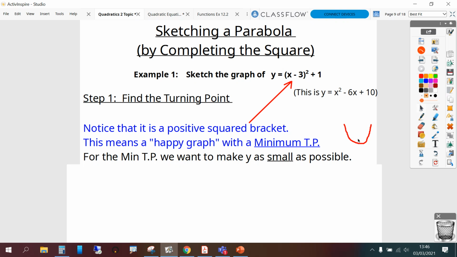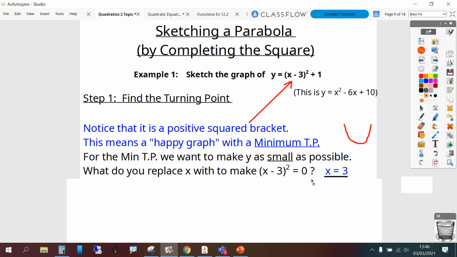We want the lowest y value. So what would we need to replace x with to make the squared bracket equal to nothing? We would need to replace x with 3, because 3 take away 3 inside the bracket gives you nothing, and nothing squared is nothing. So x needs to be 3.